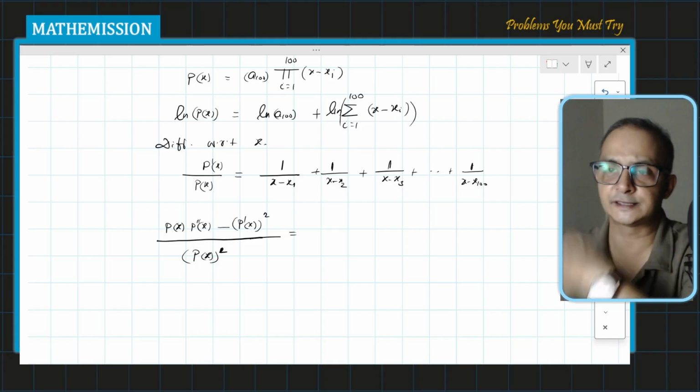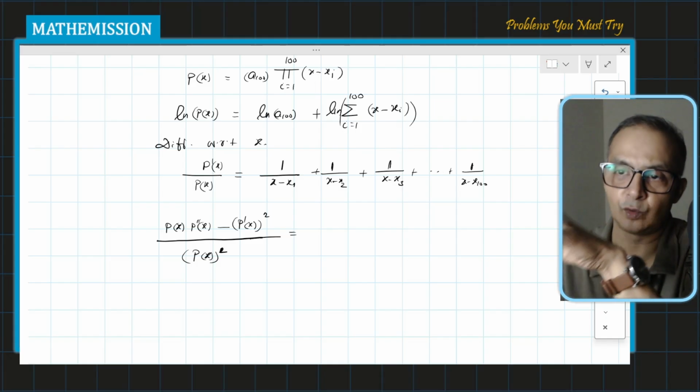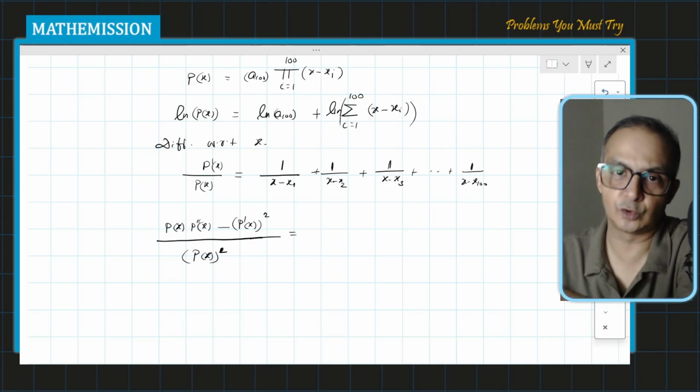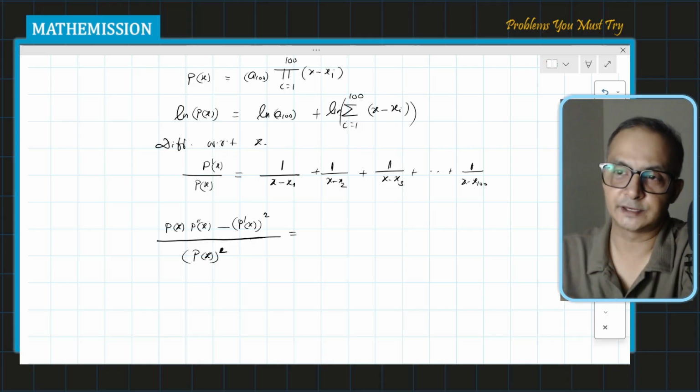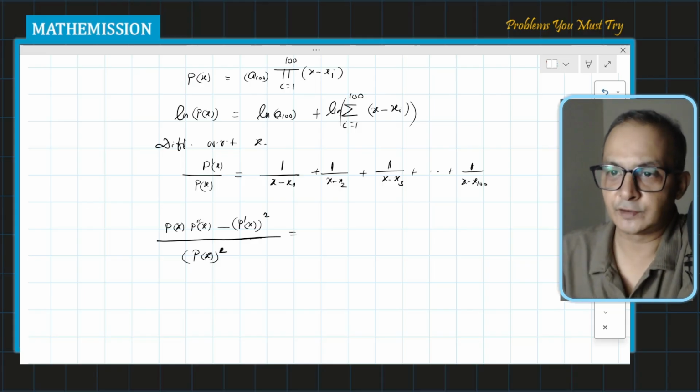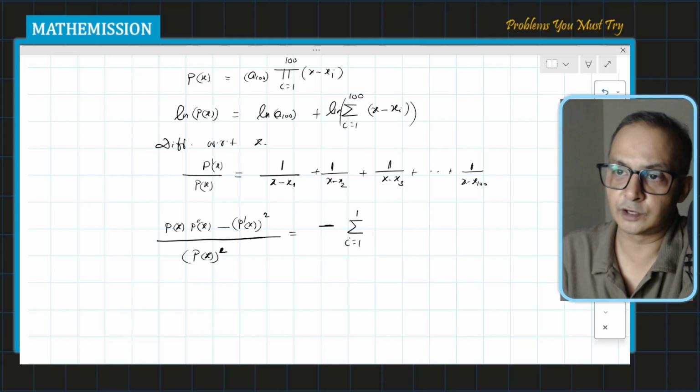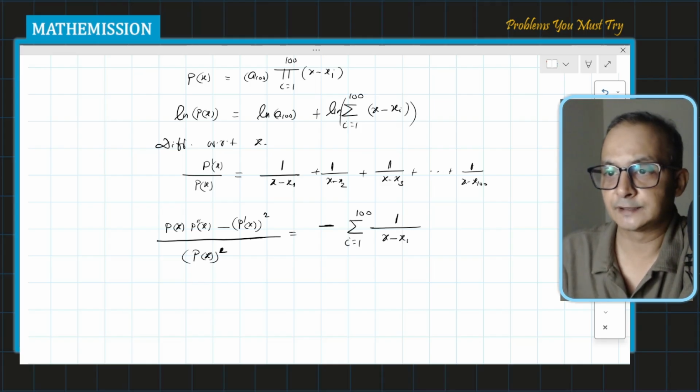And here, since each derivative is negative 1 by x minus x1 whole square, then x minus x2 whole square, and so on, I can write this thing as a minus of the summation, i goes from 1 to 100, 1 by x minus xi the whole square. I think you agreed on that.